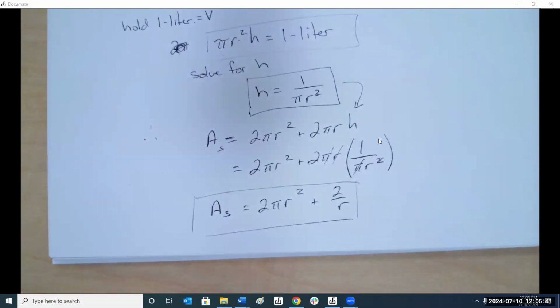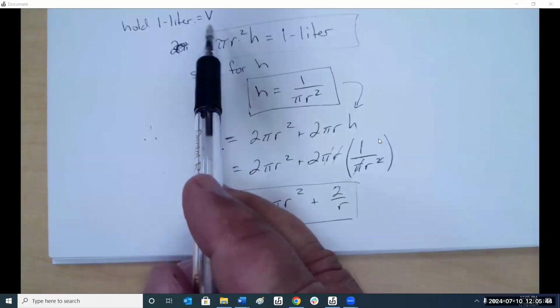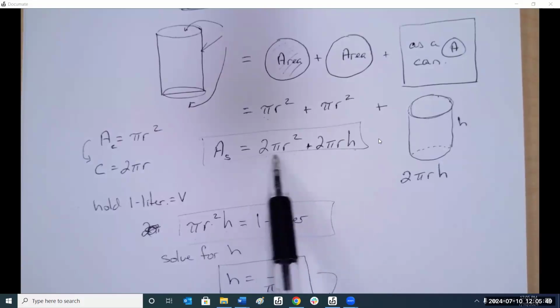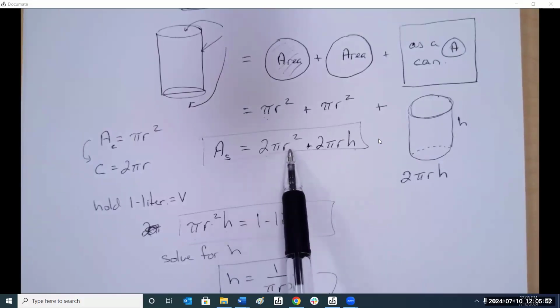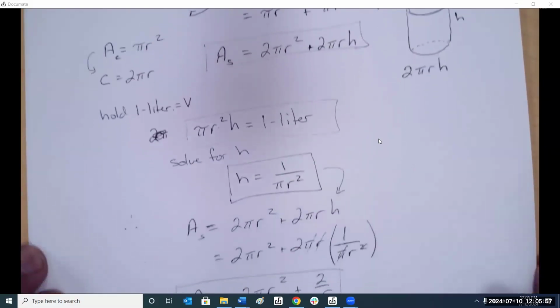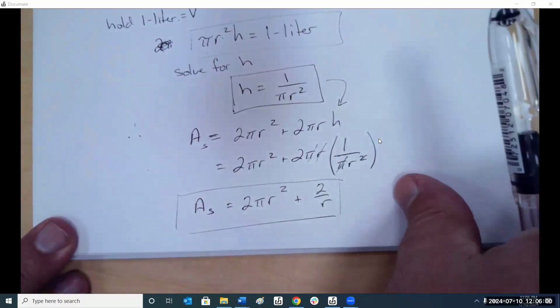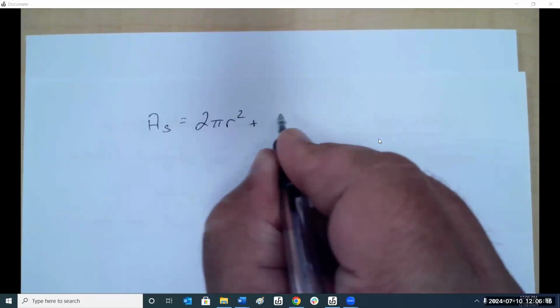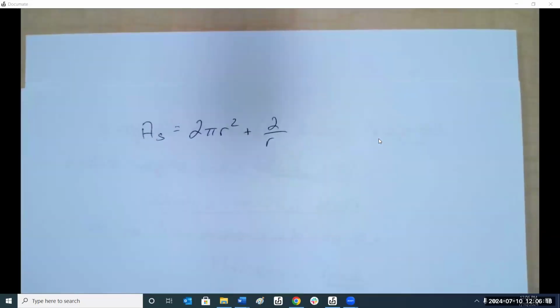Both of these are squared units: r squared, r times h is the unit squared. So now we have the surface area: 2 pi r squared plus 2 over r.